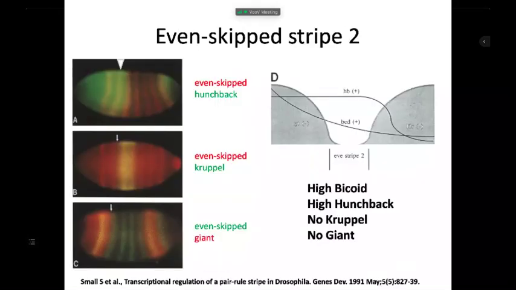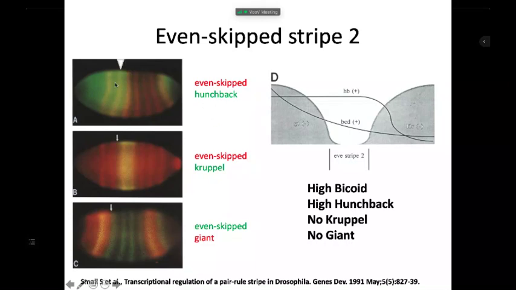So this experiment is all about the control of one of these stripes. We're going to call it even-skipped stripe 2. And to get an idea of what might be controlling even-skipped, it's a really good idea to look at the previous hierarchies of transcription factors, so our gap genes and our maternal genes, and where they might be expressed.